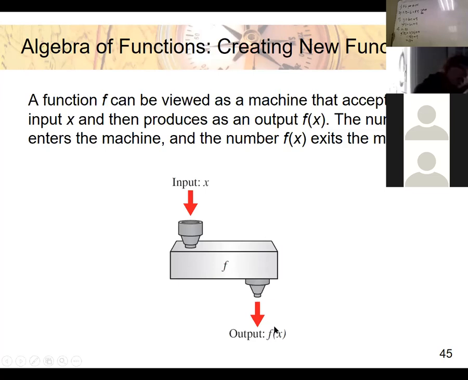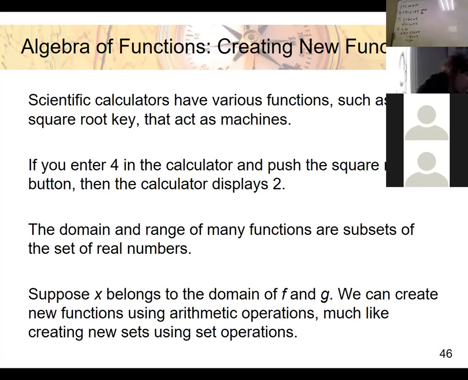So there's the output right there, f of x. Scientific calculators have various functions such as the square root key that acts as machines. So if you enter the number 4 in the calculator and push the square root button, then the calculator will display 2, because of course the square root of 4 is 2.